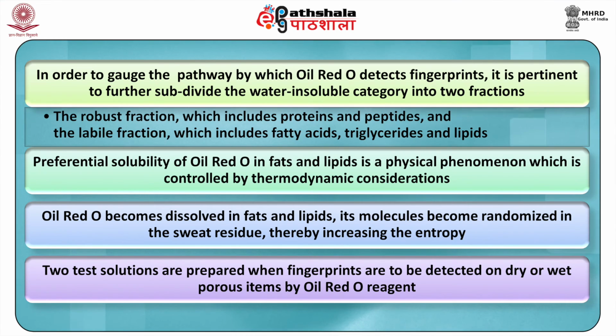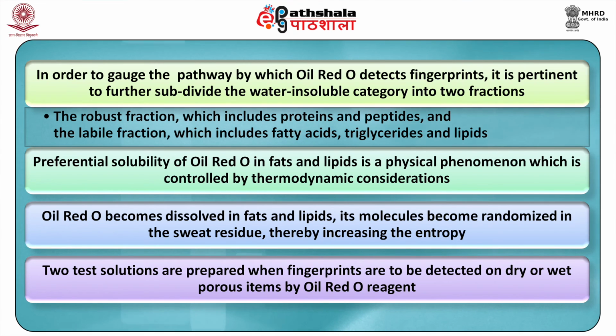Number one, the robust fraction, which includes proteins and peptides, and the labile fraction, which includes fatty acids, triglycerides, and lipids.